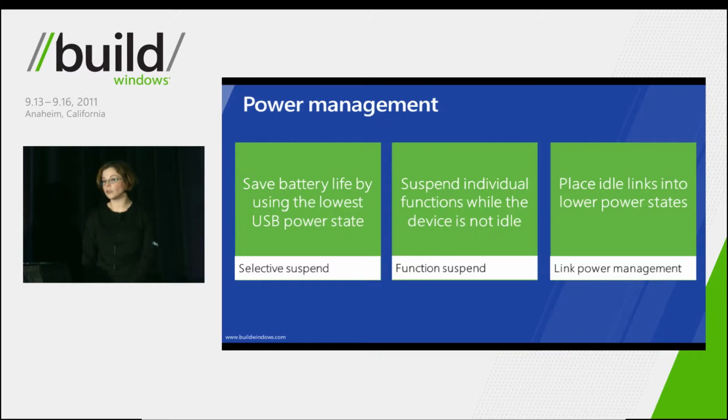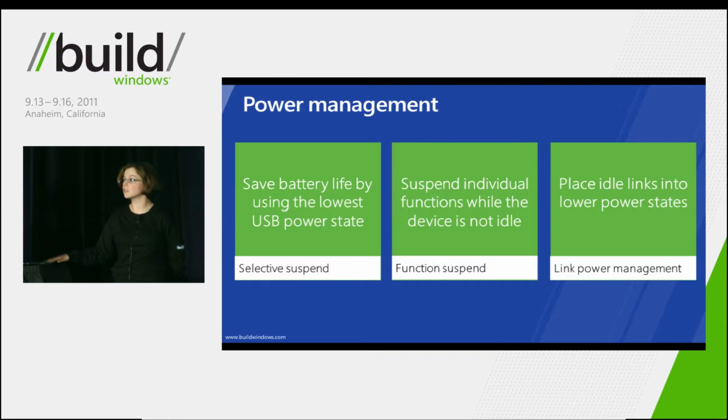Power management can also be done at a link layer. Link power management was introduced as an addition after the USB 2 specification had been ratified. For USB 3, it's been revised to provide more precision and more control, and now it supports 4 different states and uses less time to transfer from one state to another.